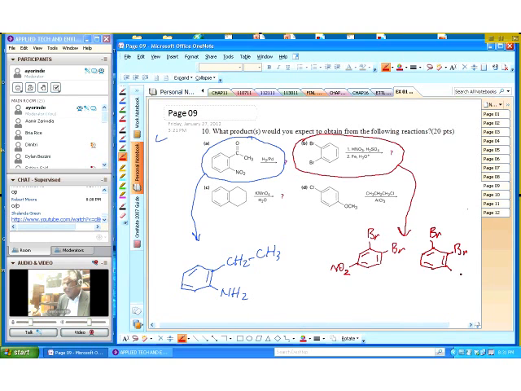So now you have the nitro is here. Right here, of course, we are doing nitration followed by hydrogen and sulfuric acid. So now the next step is what?